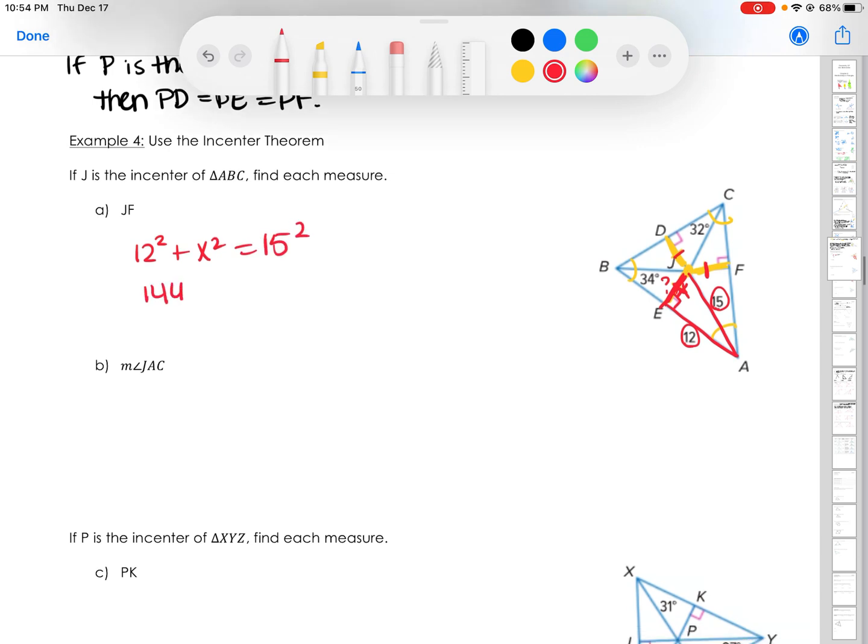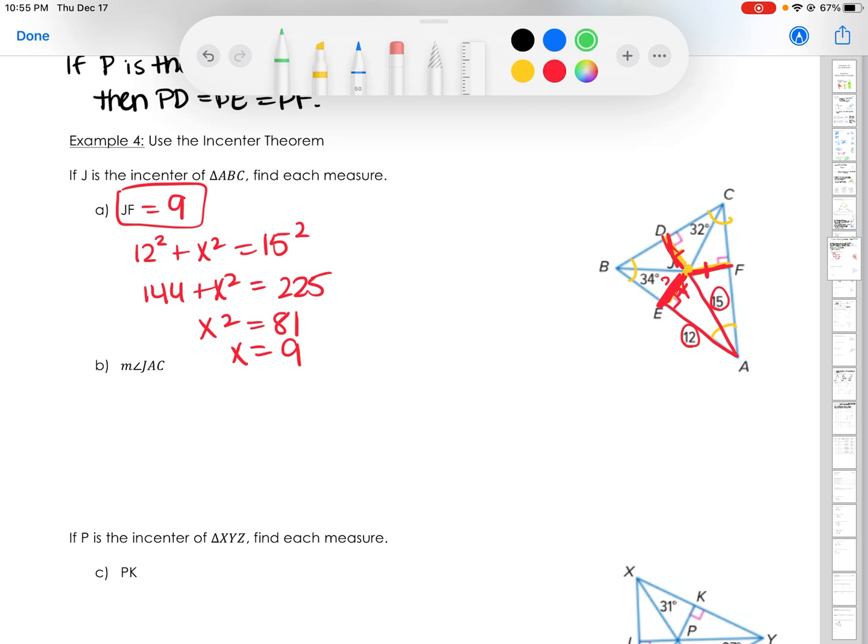So that's 144 plus x squared is equal to 225. And then when we subtract, x squared is 81, which means that x is going to equal 9. So if this is 9, then this is 9, and this is 9, so my answer is 9.